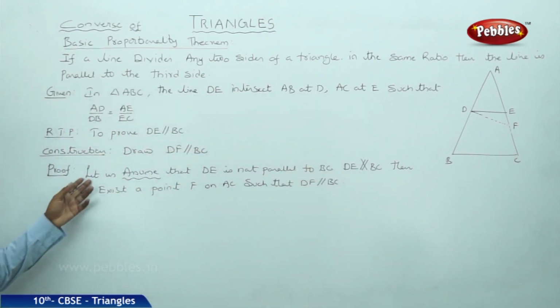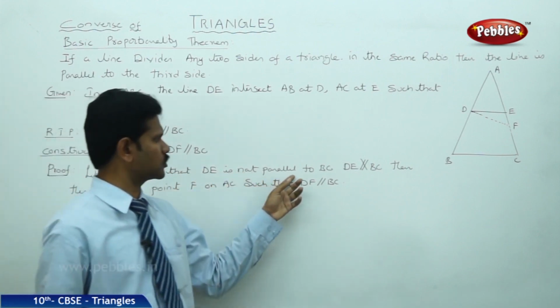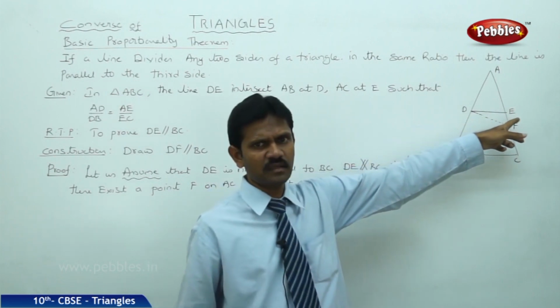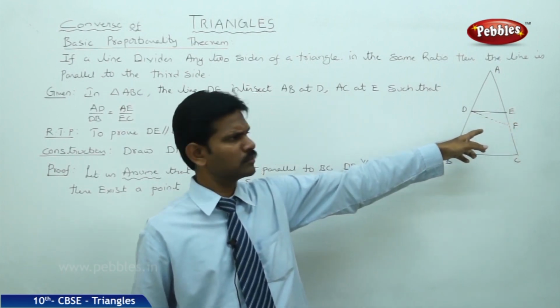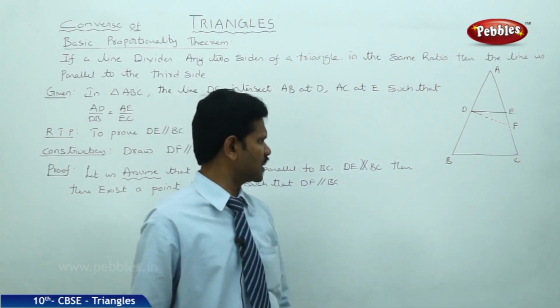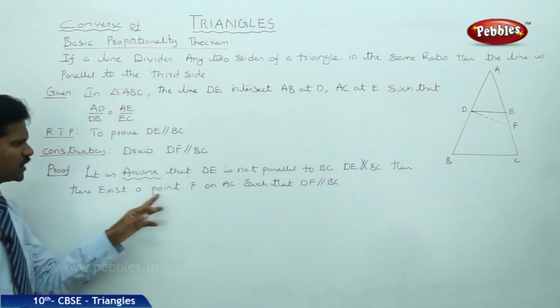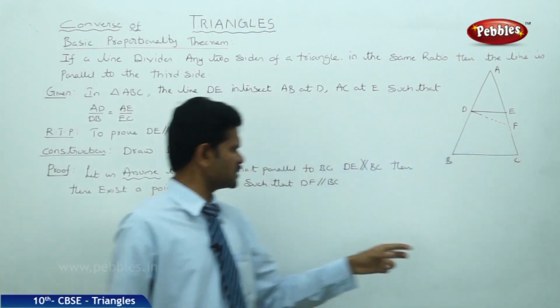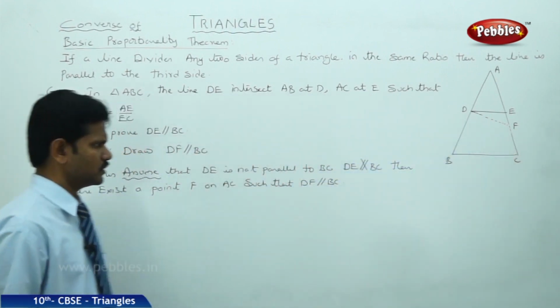What is our imagination? Let us assume that DE is not parallel to BC. But according to the BPT theorem, one line must be parallel to the other side. Then there exists a point F on AC such that DF is parallel to BC.